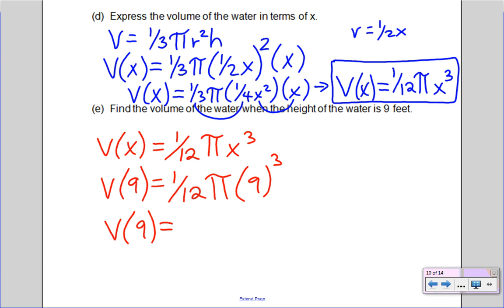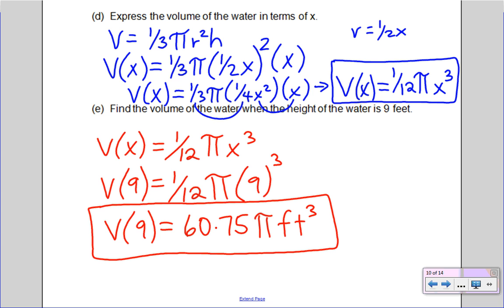So use your calculator. And 9 cubed times 1/12, or 9 cubed divided by 12, should come out to be, and you can put it as a decimal, 60.75 feet cubed. Okay, so 60.75 pi cubic feet.